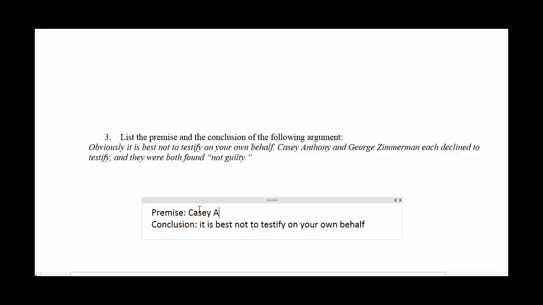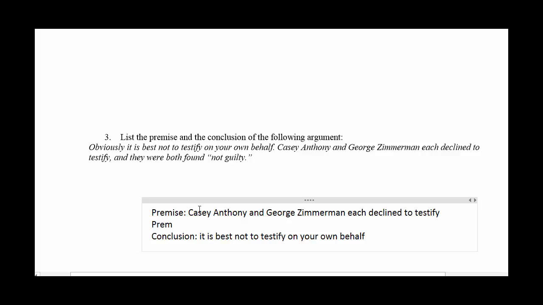They said that Casey Anthony and George Zimmerman each declined to testify. And there's actually another premise. So not only did they refuse to testify, because we're saying that testifying is not a good idea, but the other evidence is that they were both found not guilty.